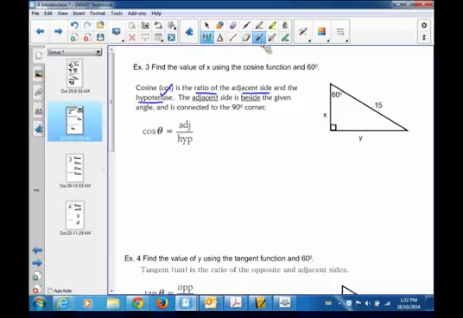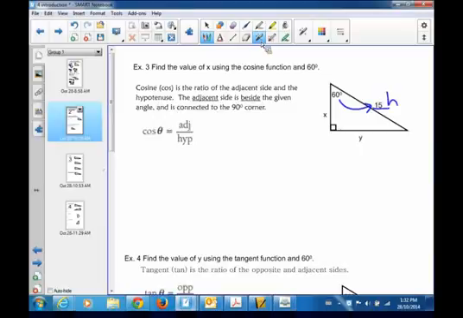What's the adjacent? Adjacent is a million-dollar word that means beside, right next to. So with the 60 degrees, the X is right next to, adjacent to the 60-degree angle. You might say, well, what about this 15? It's adjacent. Well, no, we call that the hypotenuse.